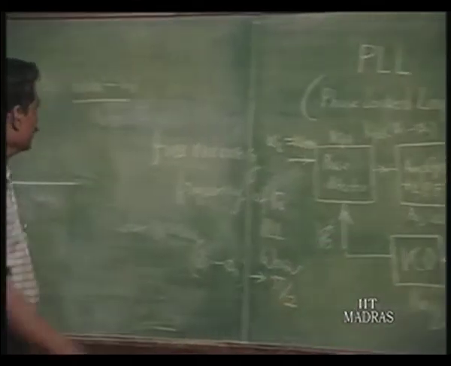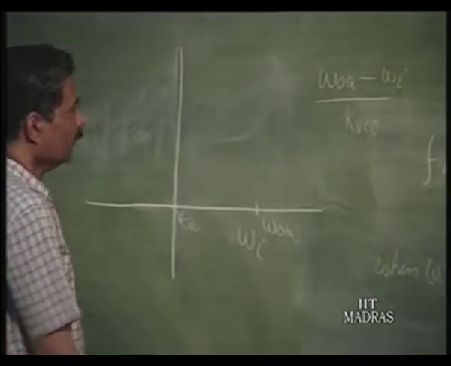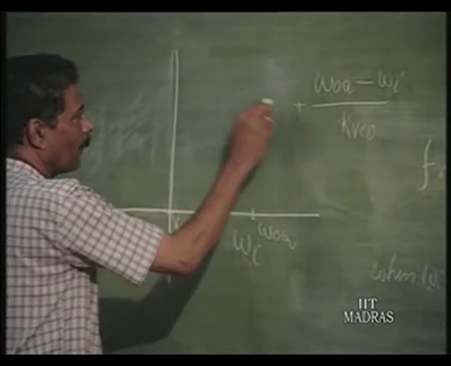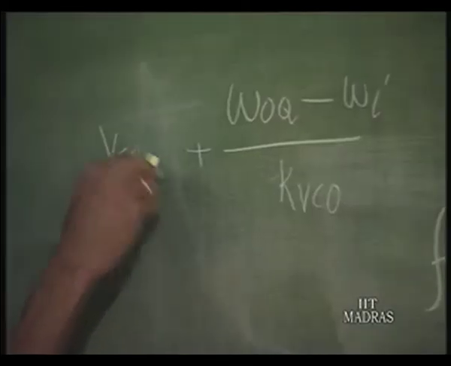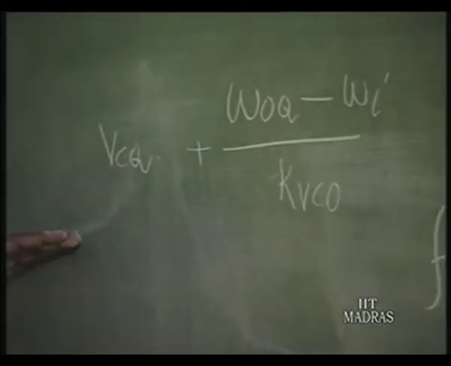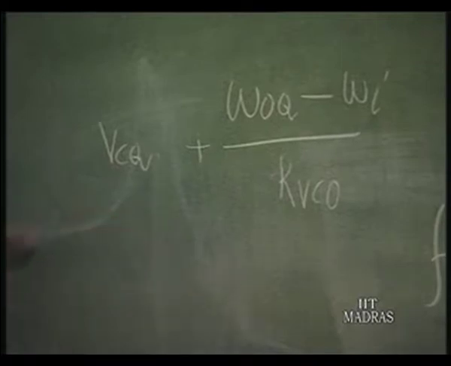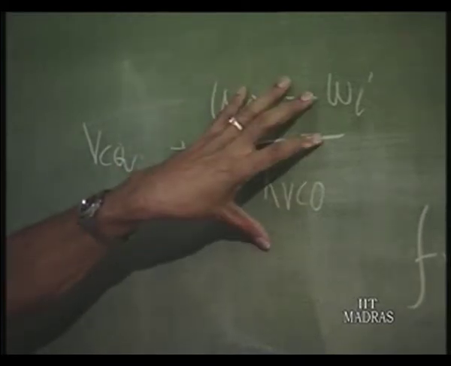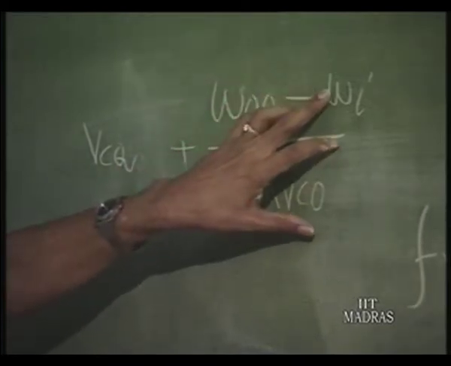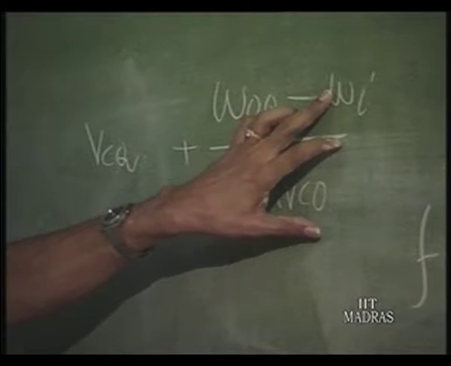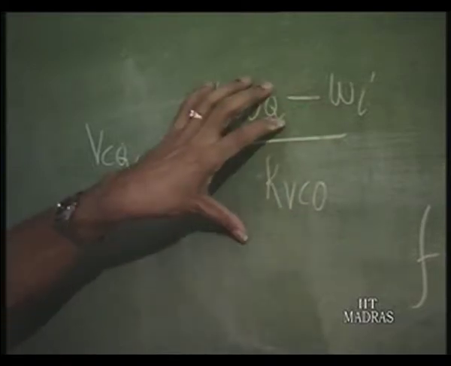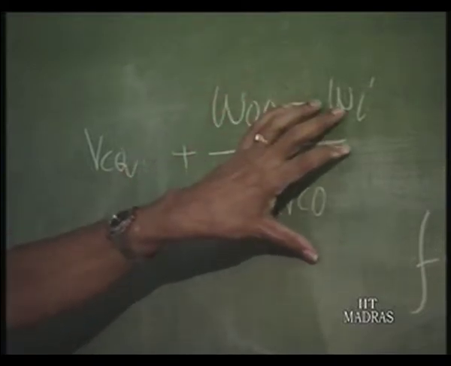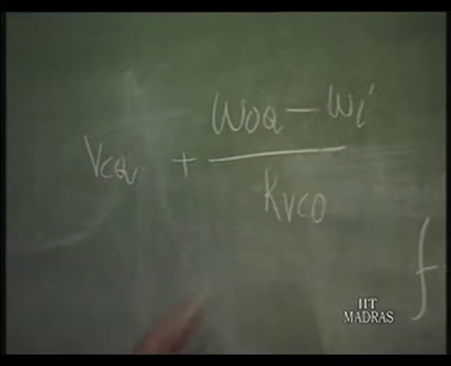So, that means you can see this, apart from Vcq, when omega I is equal to omega naught q, it was Vcq itself. There is an additional voltage that is coming here. If omega I, for example, is less than omega naught q, this is higher. If it is greater than omega naught q, this voltage is lower.